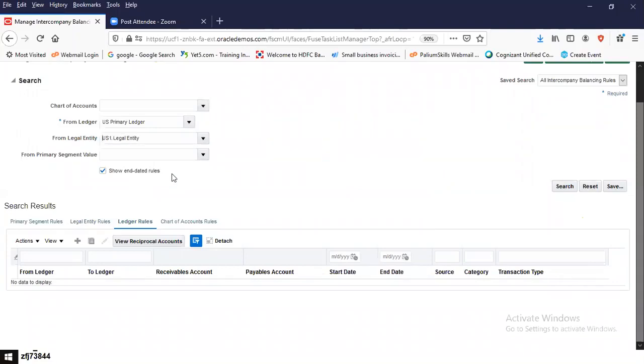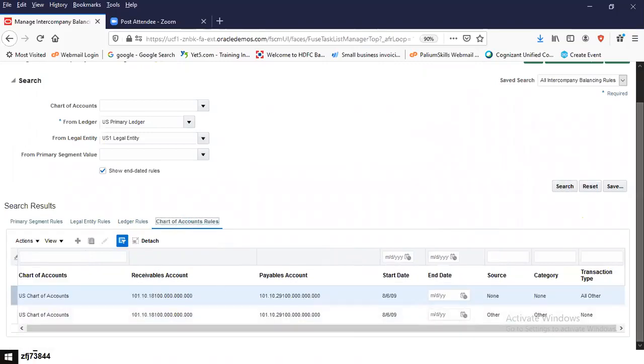US one legal entity. There's nothing defined in these cases. So searching only, we got one value here actually.